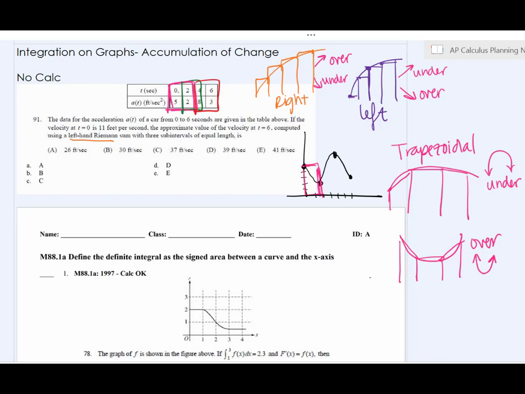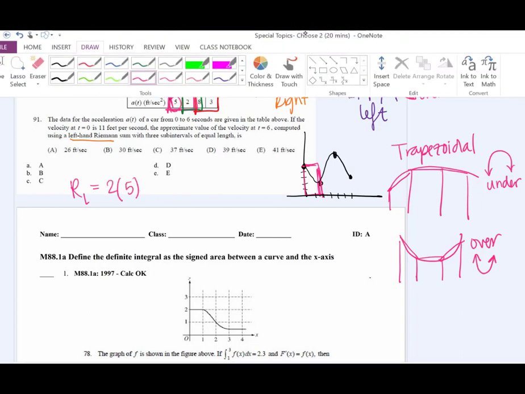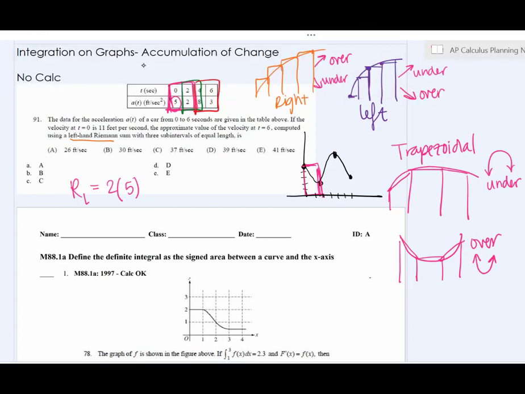So that left-hand height. So when we do that base times height, so there's that Riemann sum left, this is going to be that base, that is a distance of 2. The height is that left-hand value, which is 5. That next rectangle, we are going from 2 to 4, but we are using that left-hand value for the height.